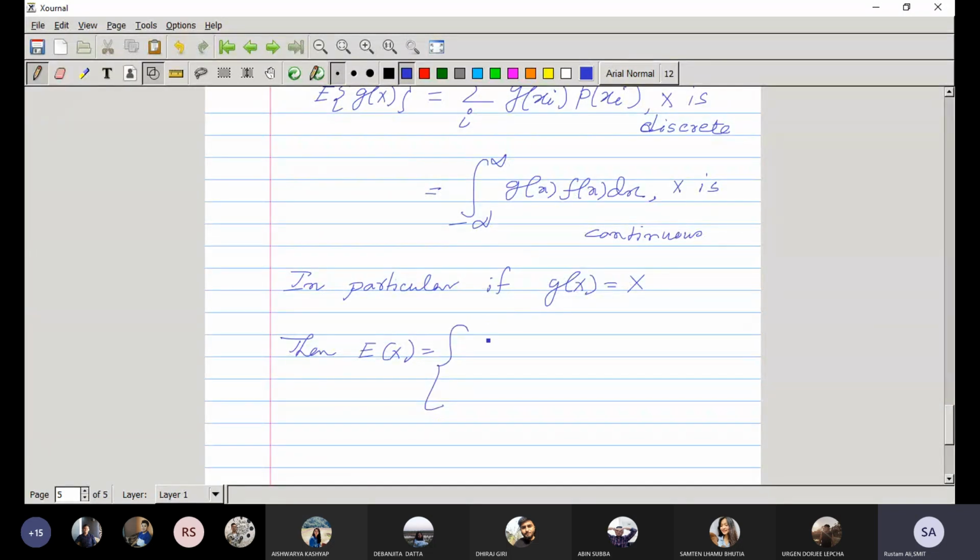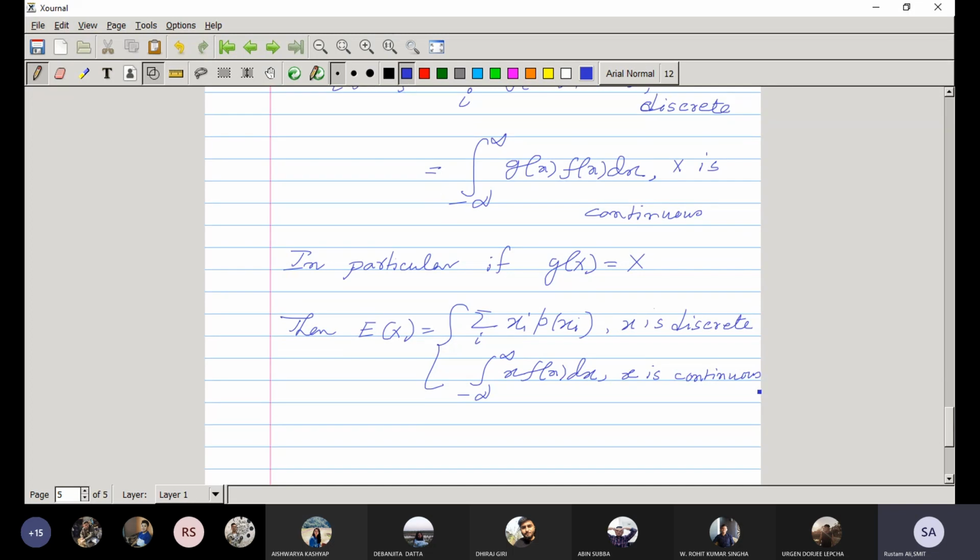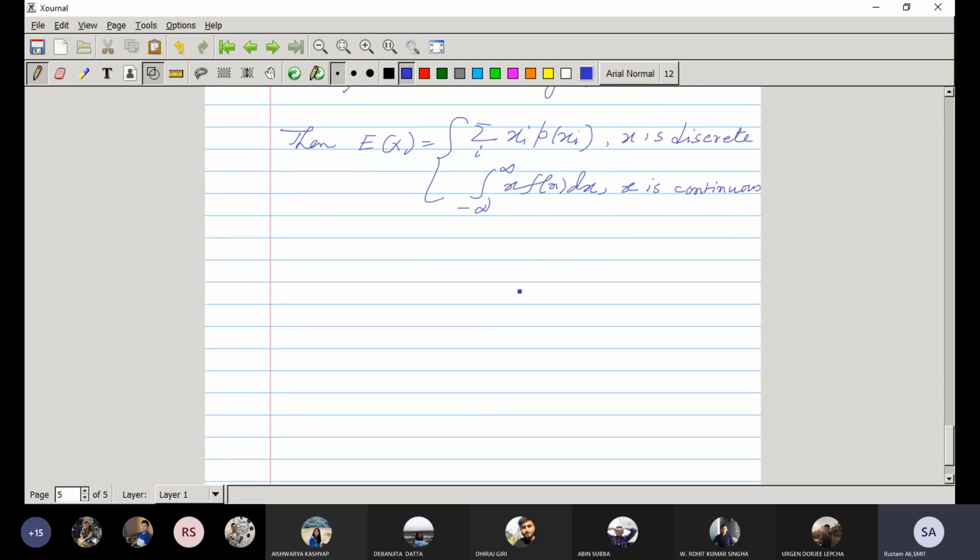In the same way, summation over i, now g of x is equal to x, so g of xi will be xi p of xi if x is discrete, and integration from minus infinity to infinity of x f of x dx if x is continuous.